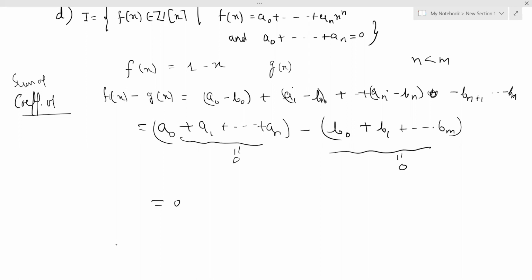Sir, one counterexample, sir. Yeah, give me. f(x) equal to 1 minus x, and then g(x) is equal to 3 minus 2x minus x square.